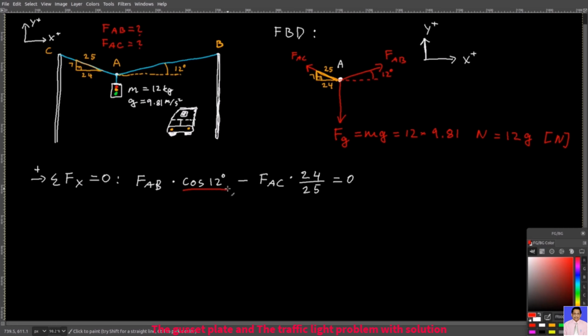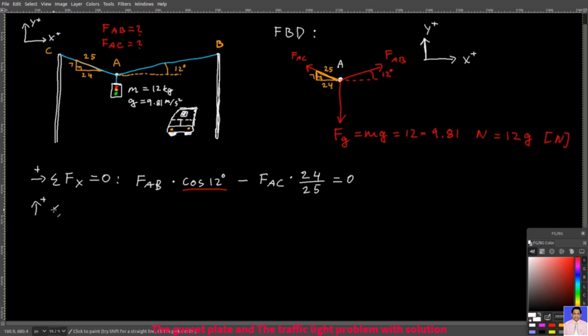With cosine 12 degrees, you obtain the x component of this FAB vector, and then with this ratio, 24 over 25, you also obtain the x component, but now of this force, FAC. Let's say if here you had an angle, let's say psi, then this ratio would be cosine psi.